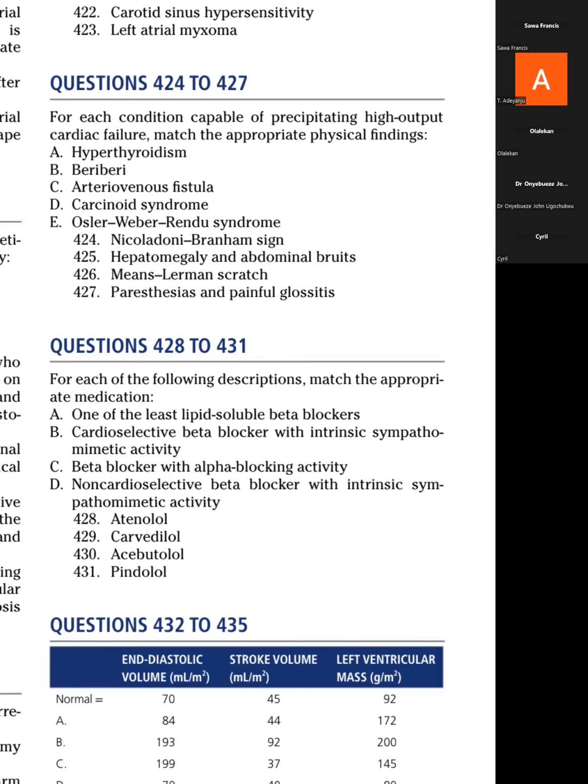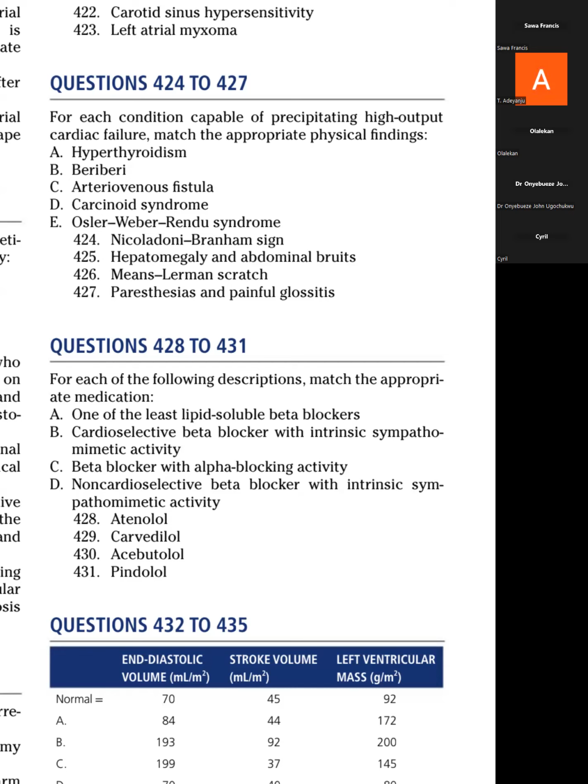That's atenolol. Now, 429, carvedilol. If we look at the options here, we have B, cardioselective beta blocker with intrinsic sympathomimetic activity. It cannot be that. Carvedilol is a beta blocker with alpha blocking activity, so the answer here is C. Now, question number 430 is acebutolol.